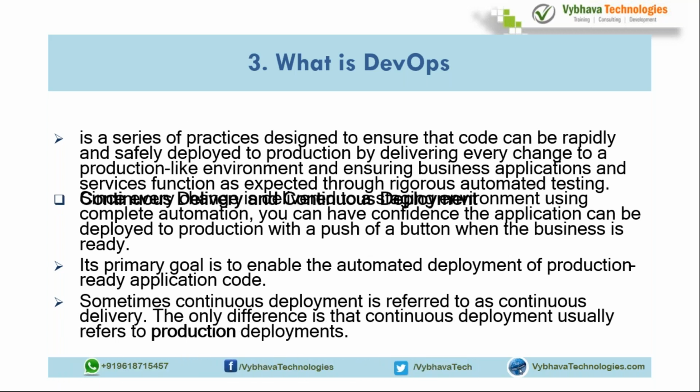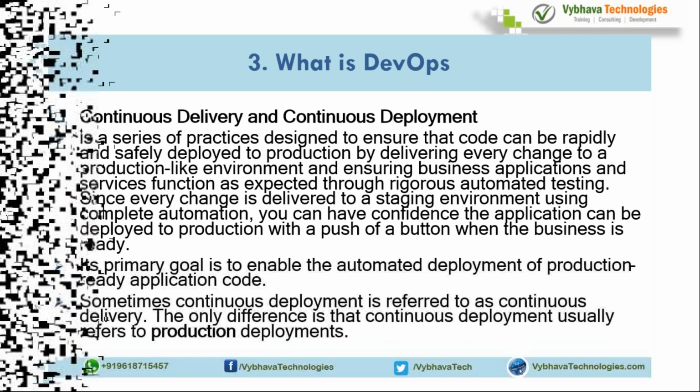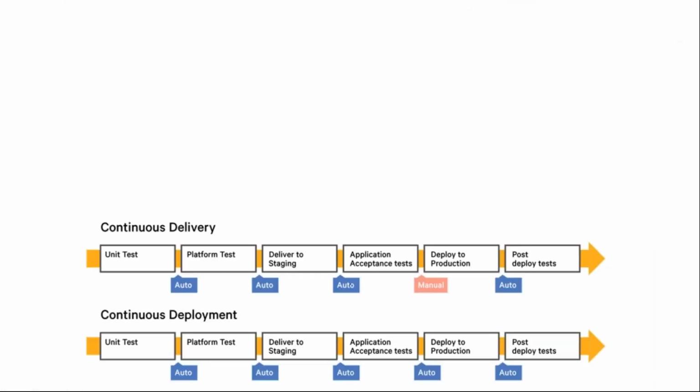So that is continuous delivery. Again, I'll show one flow so that you can understand the difference between continuous delivery and continuous deployment. In this picture, you have a unit test, platform test, and in between there is an automatic process. Once the test is completed, it automatically goes to the next phase.